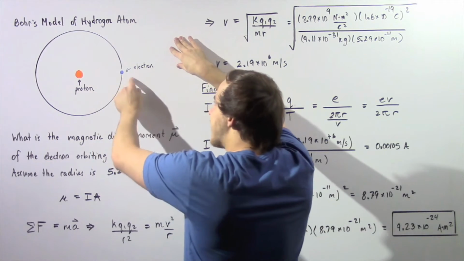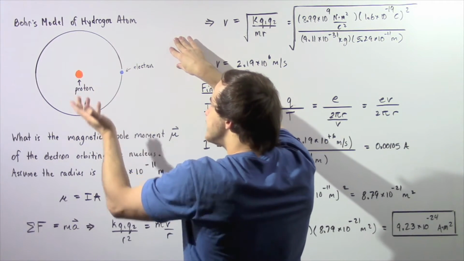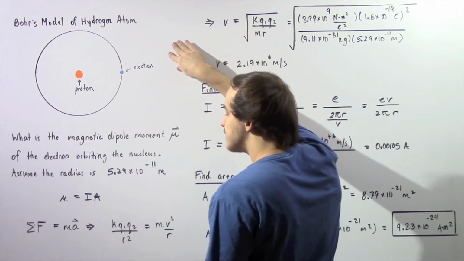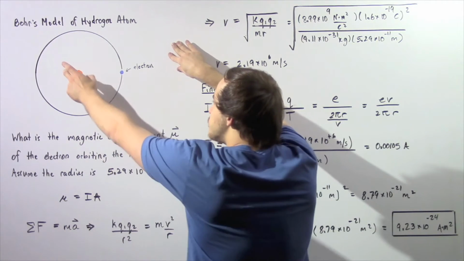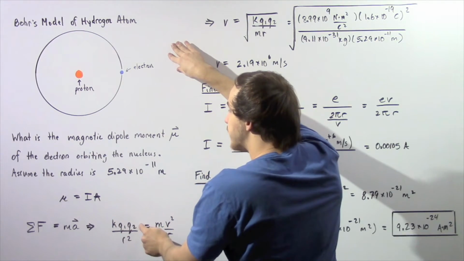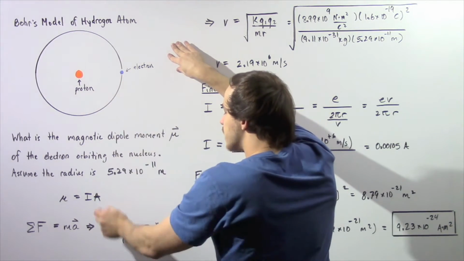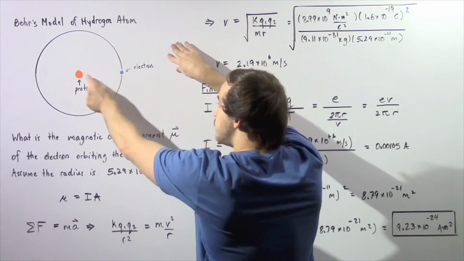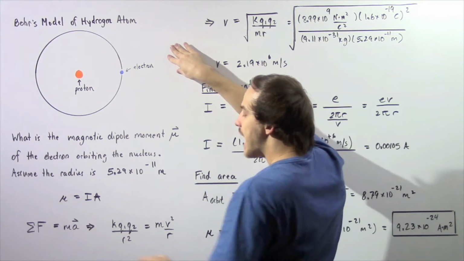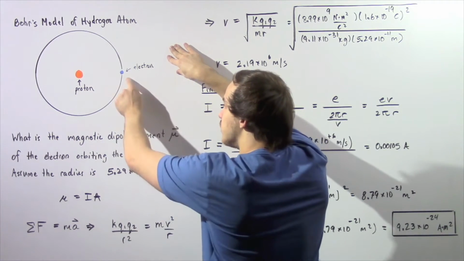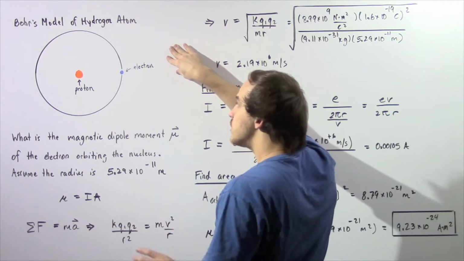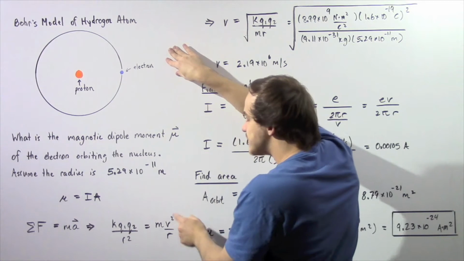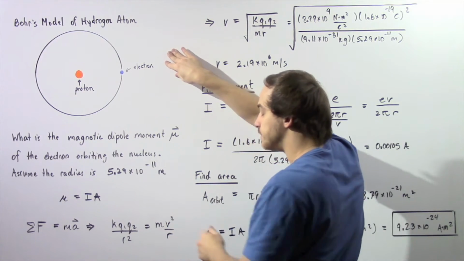Now the only force acting on our electron is the electric force, which is equal to k, the constant, multiplied by q1, the charge of the proton, multiplied by q2, the charge of the electron, divided by the square of our radius r, the distance between these two electric charges. And that is equal to the mass of the electron multiplied by the centripetal acceleration of the electron in orbit, so v squared divided by r.